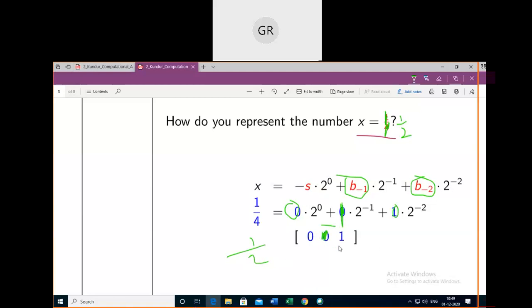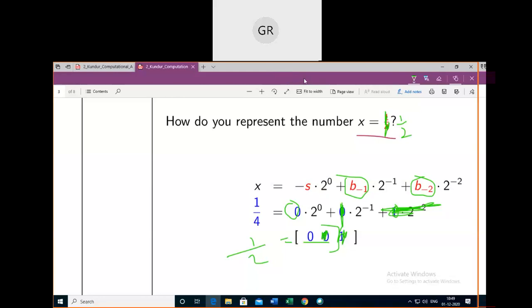No need to write the remaining terms. These are the coefficients 0 and 1. Like that you can represent the numbers in fixed point fractional form.